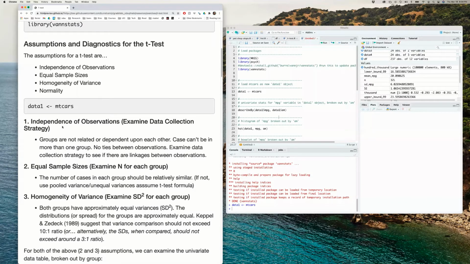Here with the MT-CARS data set, we're not looking at people, we're looking at cars, right? So depending on how we're slicing the data, what our groups are going to be, then we can figure out, are the groups related to one another in any way? But just for the sake of this example, we'll say that these were randomly selected data of cars.